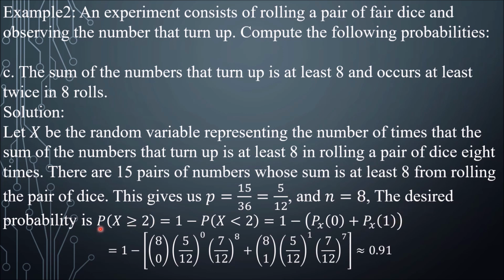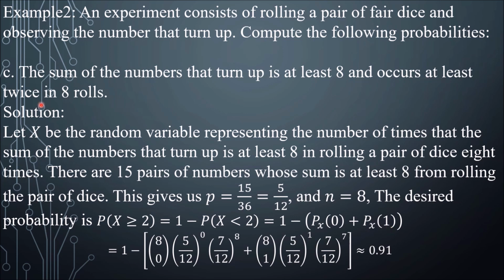The desired probability is, according to the problem, occurs at least twice. So it should be probability of x greater than or equal to 2, which is equal to 1 minus probability of x less than 2, which is equal to 1 minus the probability of 0 plus the probability of 1.